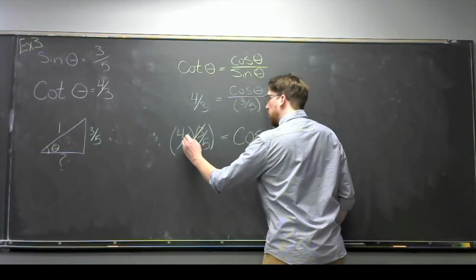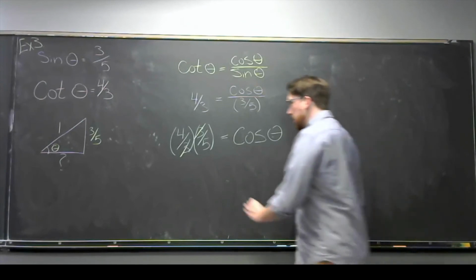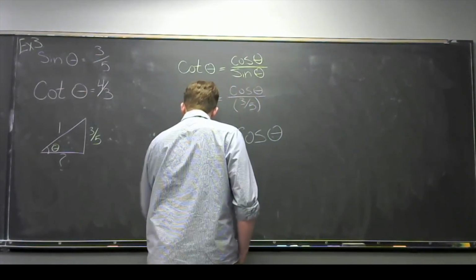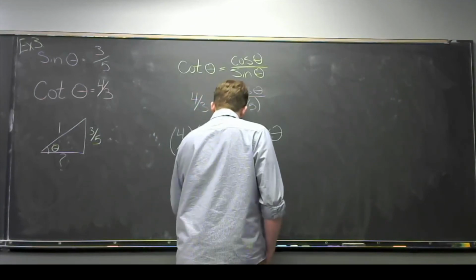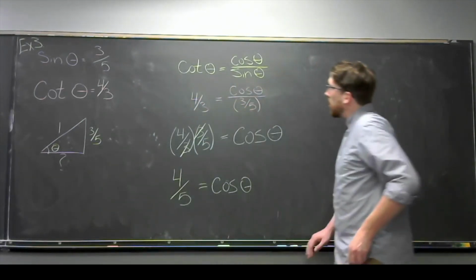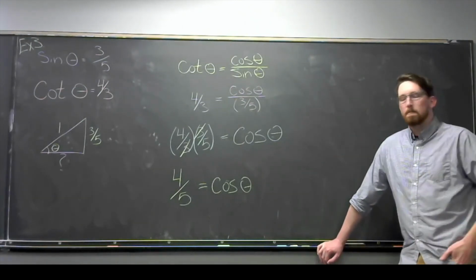So we notice the 3's cancel, and that cosine of theta is equal to 4 over 5. Alright, so how is this going to help us?